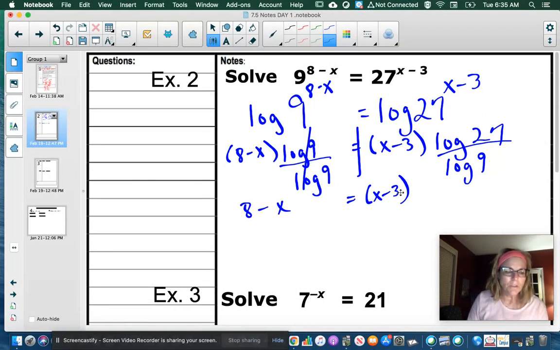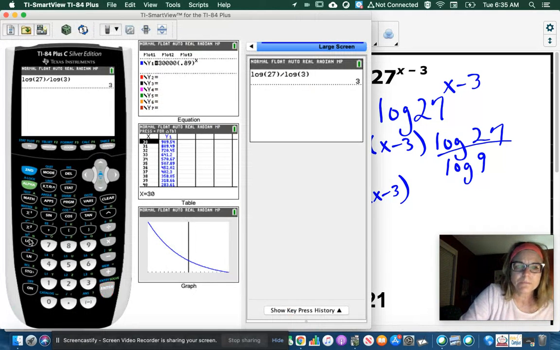Let's type in our calculator, log 27 divided by log 9. That's 1.5.